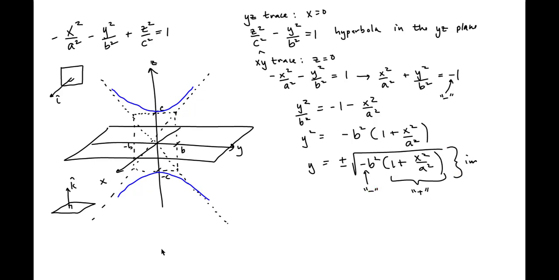This is an imaginary result, an imaginary solution, and we can't plot that imaginary solution in real space. Therefore, the XY trace tells us nothing. It's imaginary. What that means for us is that our shape isn't going to exist there.